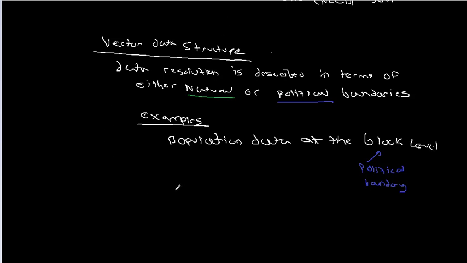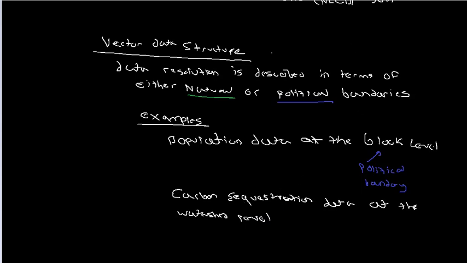An example of that might be carbon sequestration data at the watershed level. In this case, a watershed is going to be a natural boundary. So in the first case, we're talking about a political boundary, and in this case, a natural boundary.